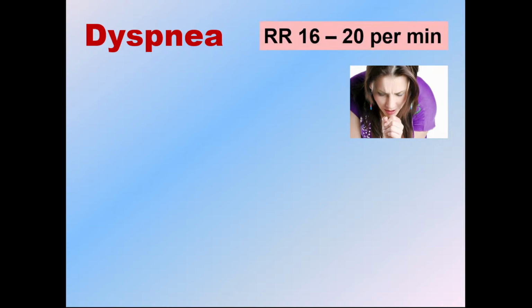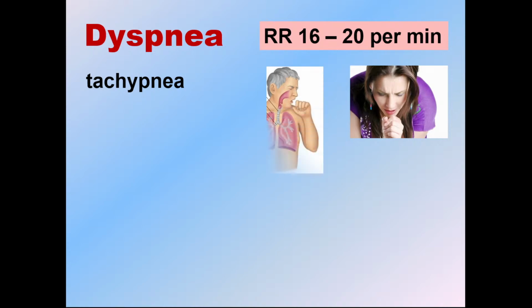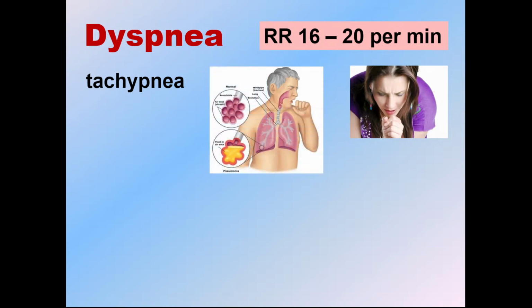Normally, our breathing ranges from 16 to 20 breaths per minute. If the breathing becomes frequent, we are talking about tachypnea.